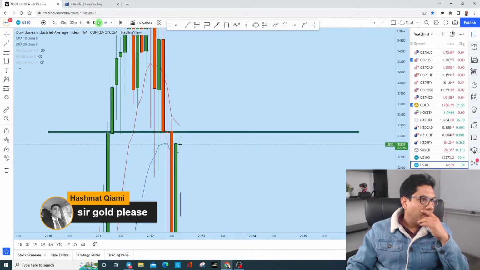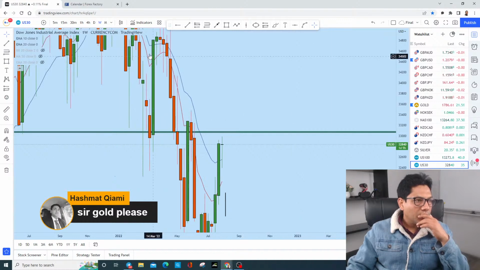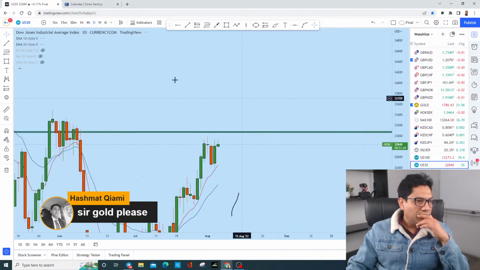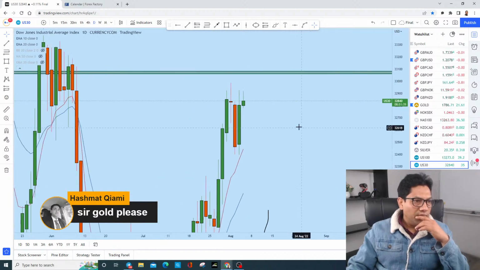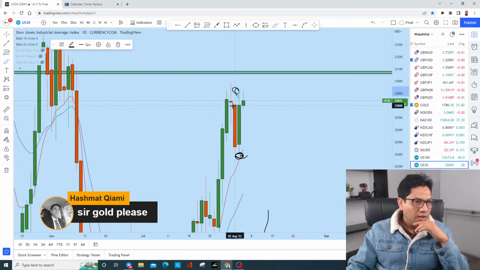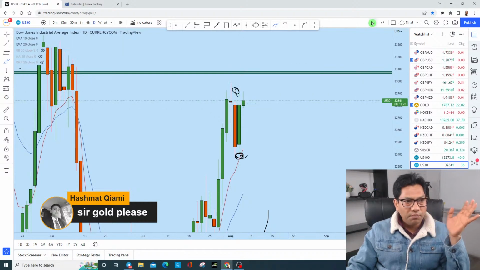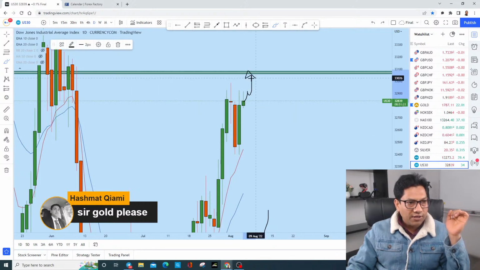Now if we look at the weekly and bring that zone to the lower time frame, on the daily as well, there is a bullish engulfer. This kind of candle I like to trade. You see that there is a bullish engulfer that has crossed the low, crossed the high, and closed as a bullish engulfer, meaning that we could potentially see a rise on US30.